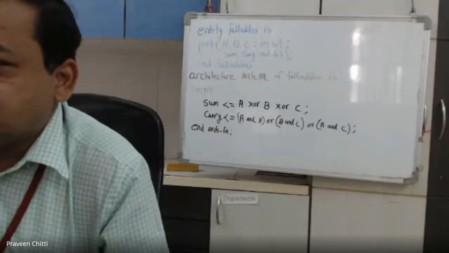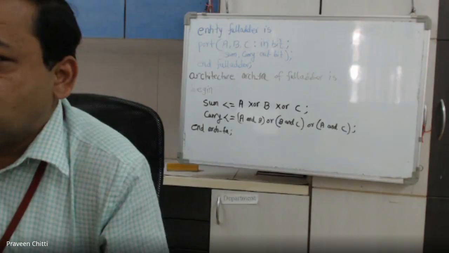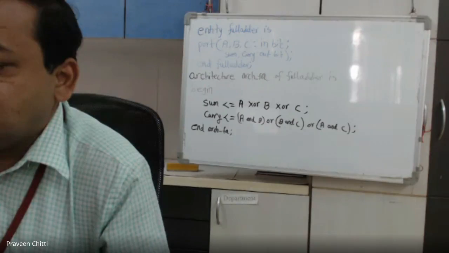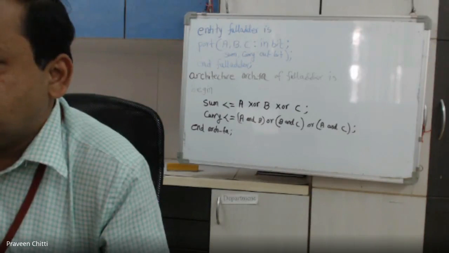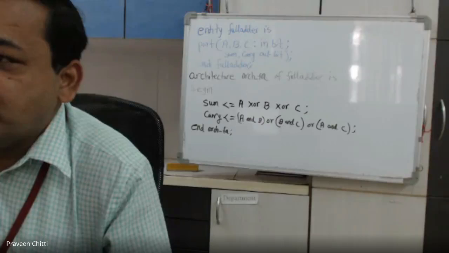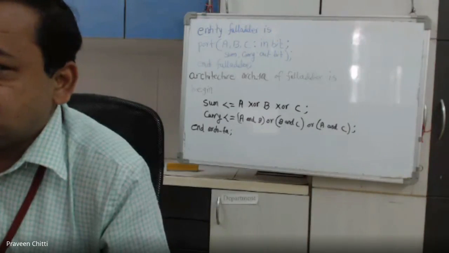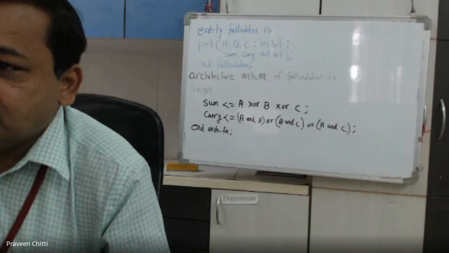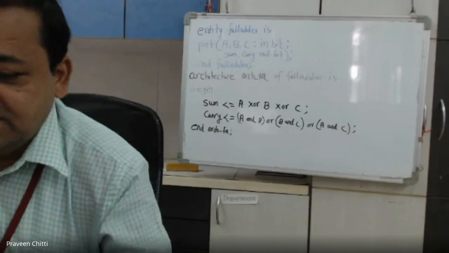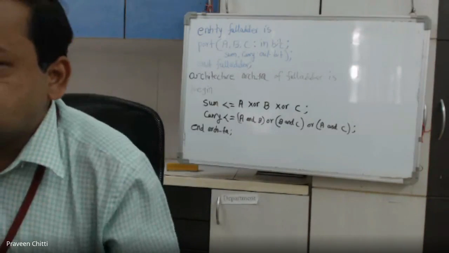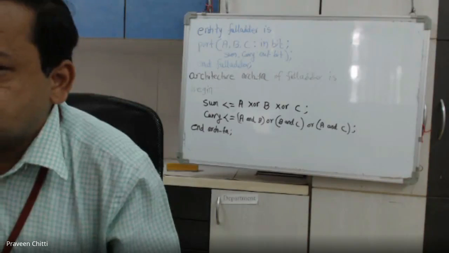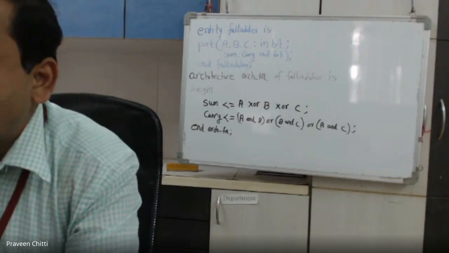Next, architecture. You can write architecture arc underscore mux of mux of four to one lines.